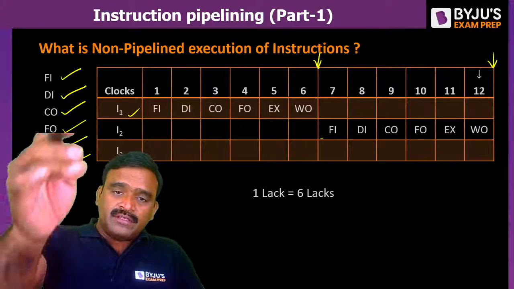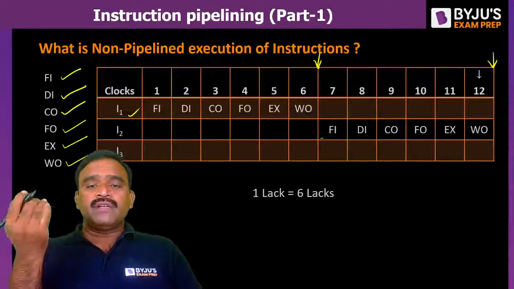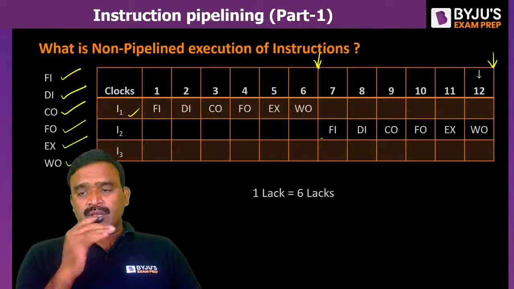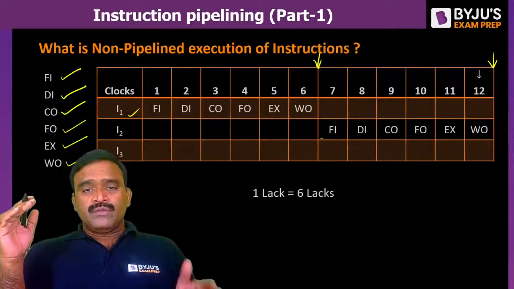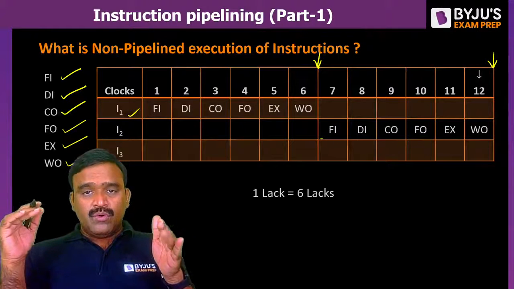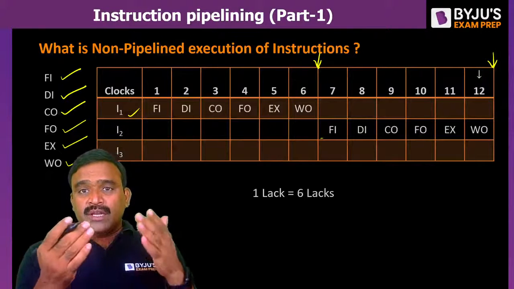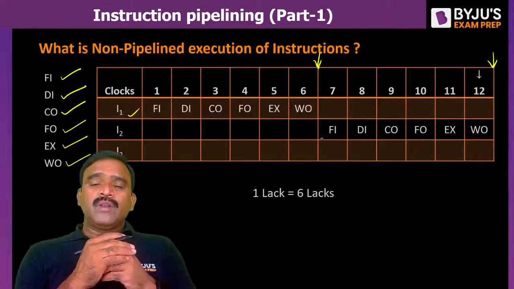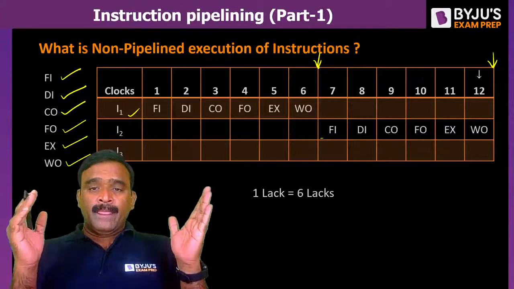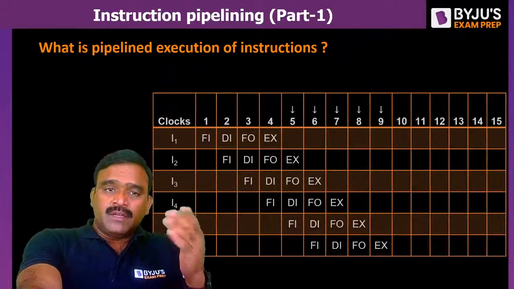So if I execute 1 lakh instructions, it will take 6 lakh cycles, obviously, because they execute sequentially. When the number of stages is more, more time it will take in a non-pipelining system. But we can take advantage of pipelining when the number of stages is more. That is what I am going to explain right now.